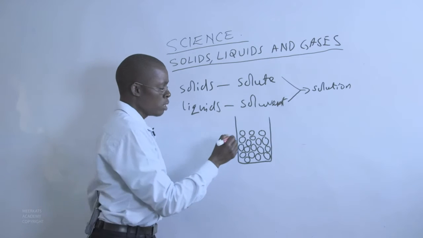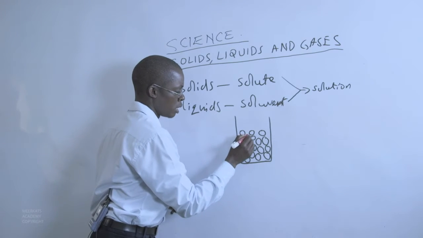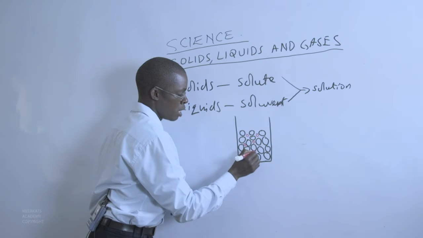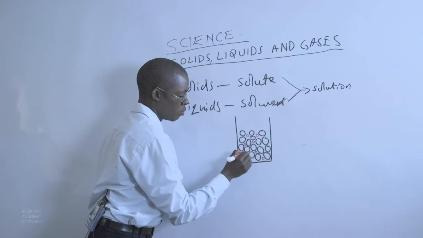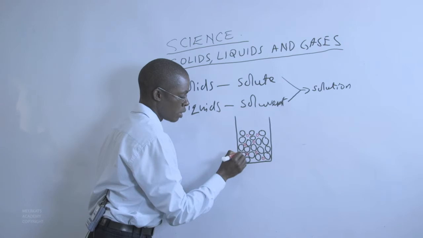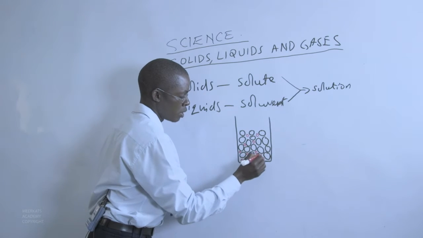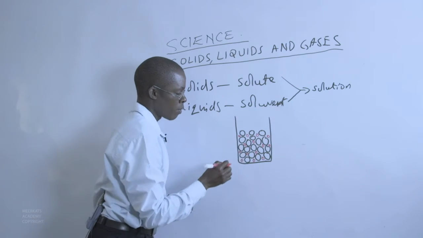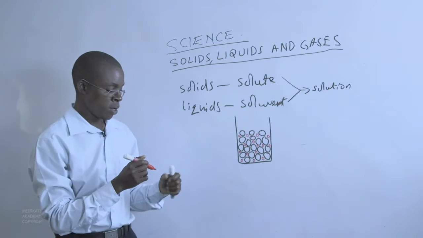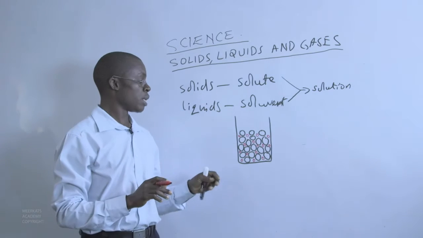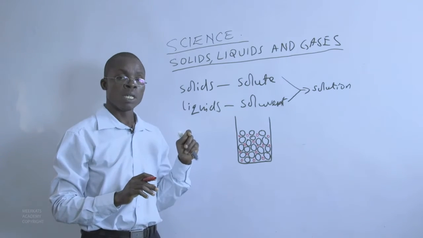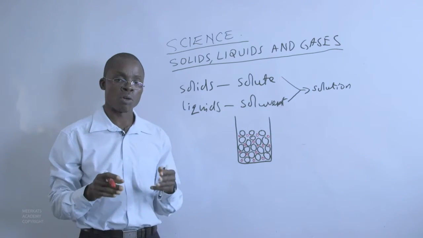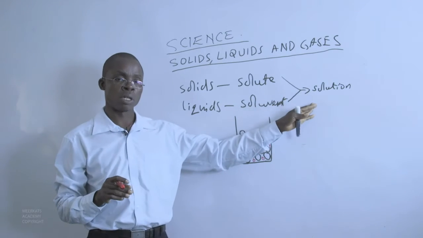The solute is only forced to roll over to those positions by the rolling particles of a solvent. So when they roll, they enter into the spaces left by the solvent molecules. When this happens, we say the solute is in the process of dissolving in the solvent to form a solution.